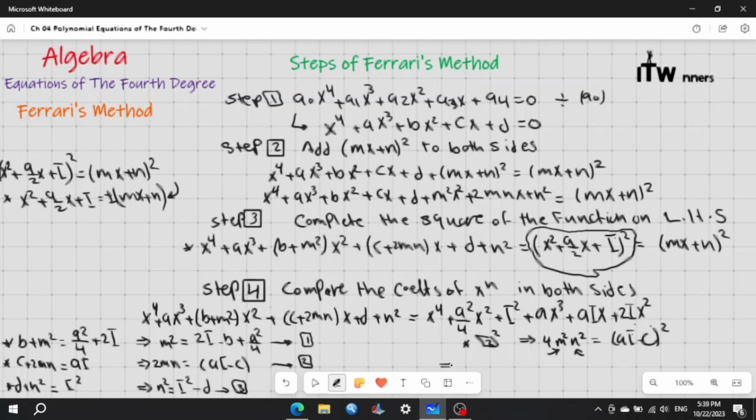So here we obtain the most important equation: (ai minus c) squared will be equal to 4 times (i squared minus d) from the third one, times 2i minus b plus a squared by 4 for m squared. And here is the most important one for solving.